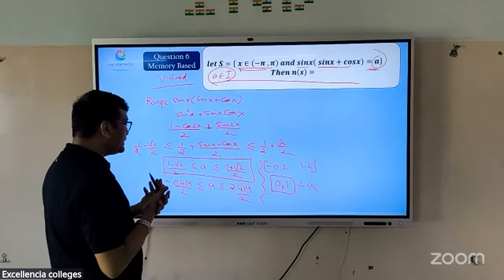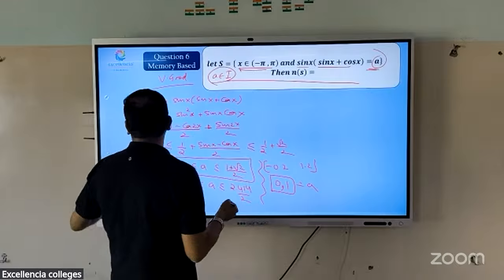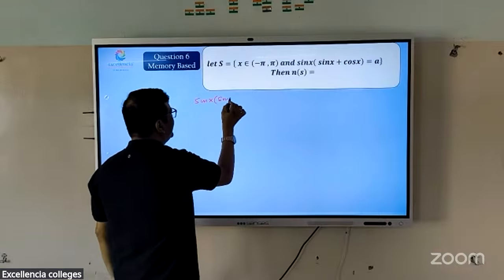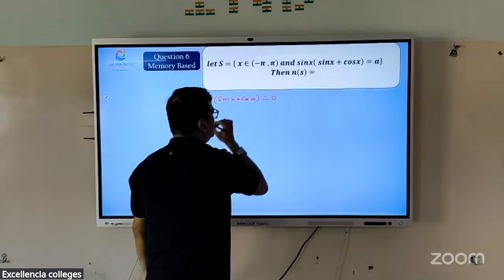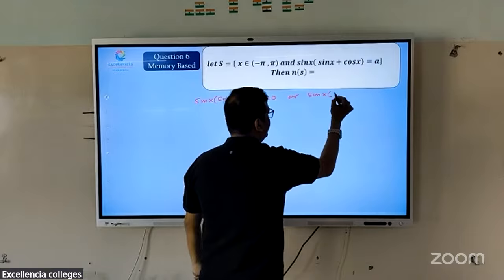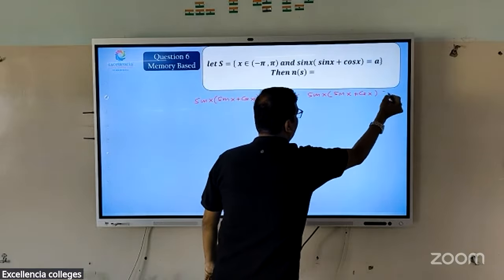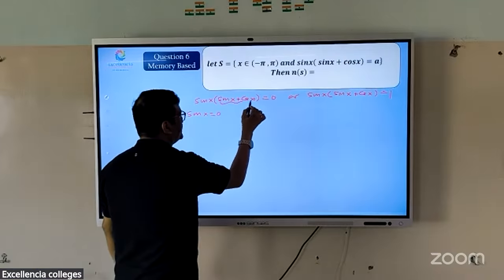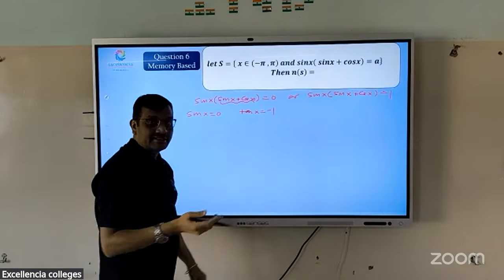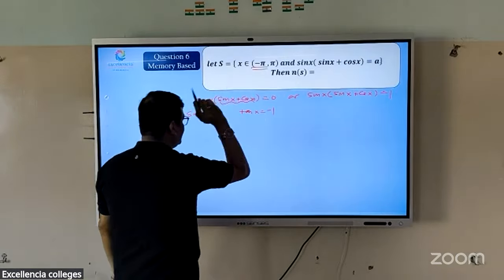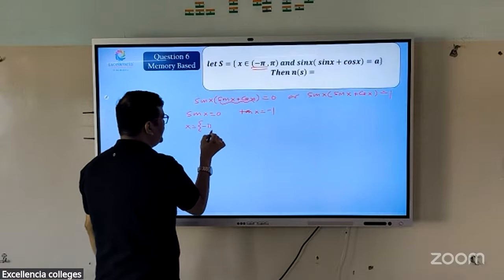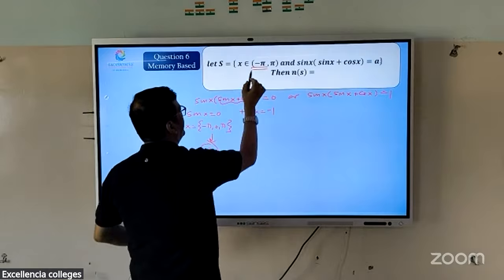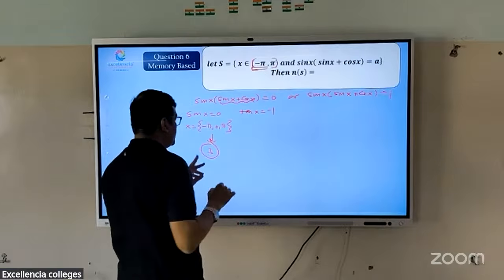So sin x into sin x plus cos x can take 0 or 1. Now this is minus 5 plus 5 value. So x equal to minus 5, 0, 5. So here there are 3 values.